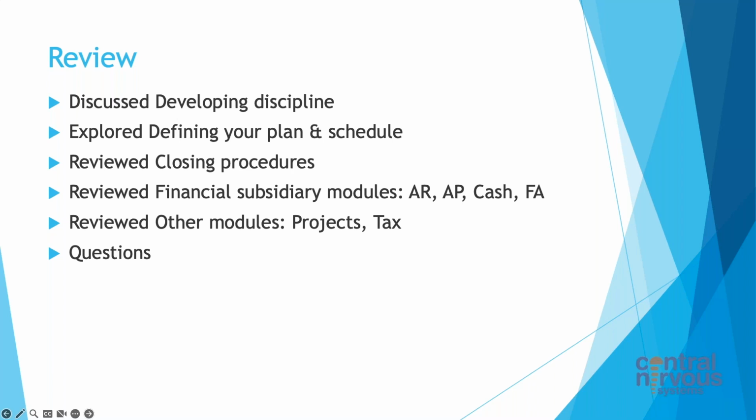We looked at how we do that in Acumatica, and then talked about each of the specific modules, AR, AP, cash, and fixed assets, where we actually are closing. That also includes inventory for those that have it, and then reviewed other modules like projects and tasks that don't have a specific fixed closing where you actually close the subledger down.